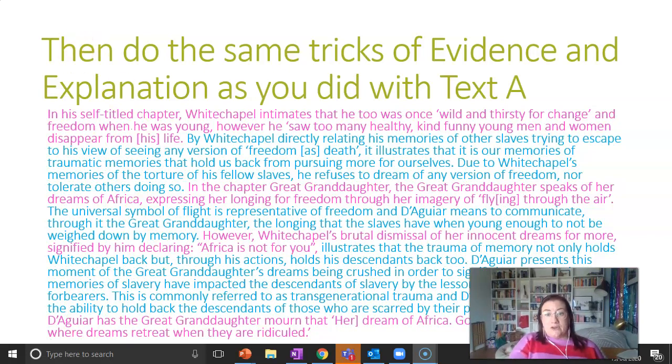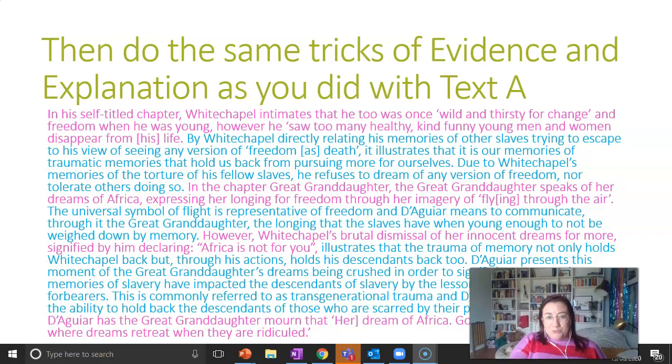Okay, so I explore the idea of flight being representative of not being weighed down by memory yet, showing that it is possible to move forward, but you have to be unburdened by that memory. Then I'm still talking about the same piece of evidence, the same idea from the text, but I'm tying it in with further evidence.